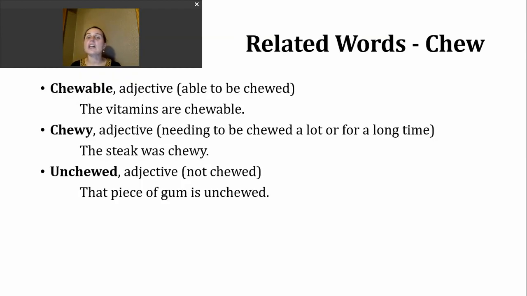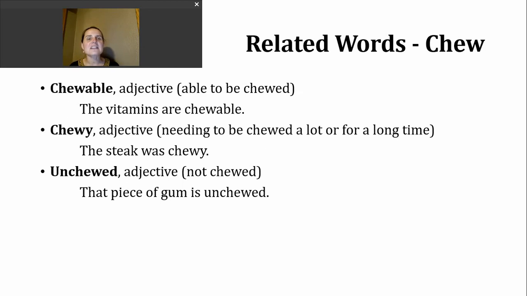Next, let's take a look at some words that are related to our verb chew. Today we're going to look mainly at adjectives here. The first adjective is chewable, and it means able to be chewed. We can kind of see that in both parts of the word there.